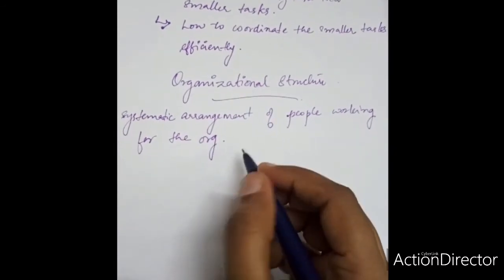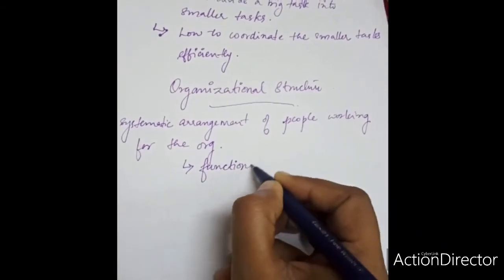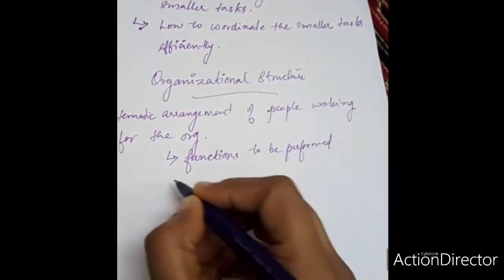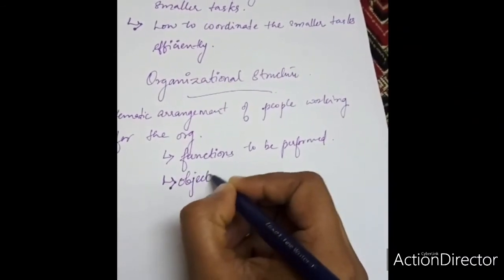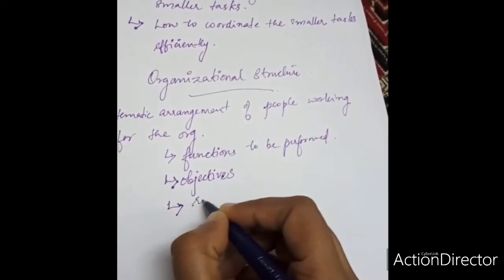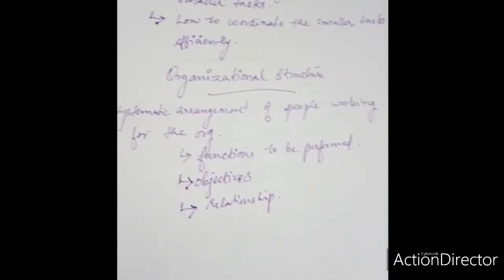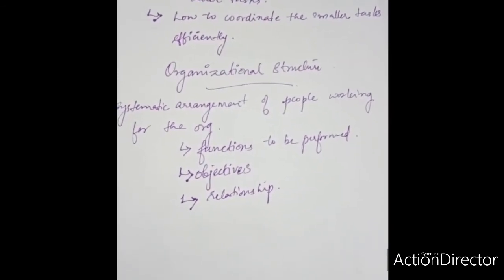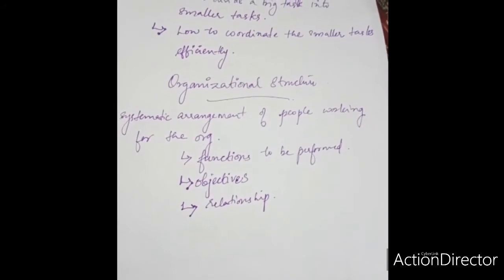That is organizational structure, and it defines the functions to be performed by the employee, then objectives to be established, then a relationship between the co-workers. So these are the three things that should be noted in an organizational structure. I hope organizational design and organizational structure are understood properly.